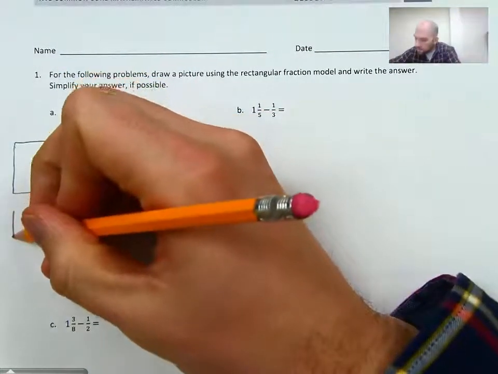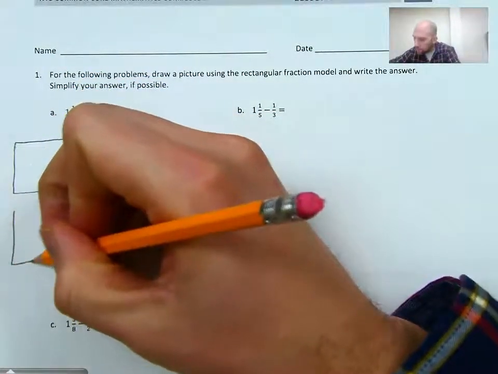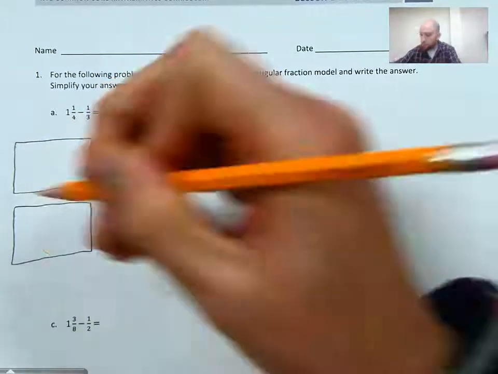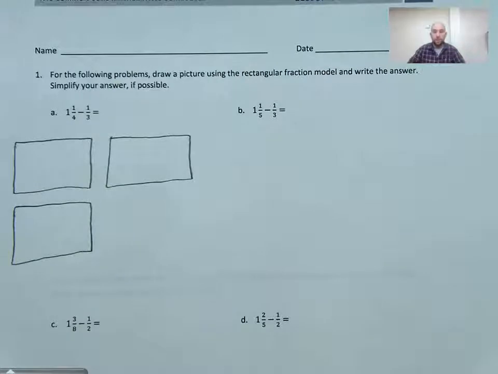And this time, when we have a number that's more than one whole, we're going to need more than one rectangle. We're going to need more than one whole rectangle. So on our left side, we're going to have 2 rectangles, and on our right side, we're going to have just 1 rectangle because our fraction is not a mixed number.